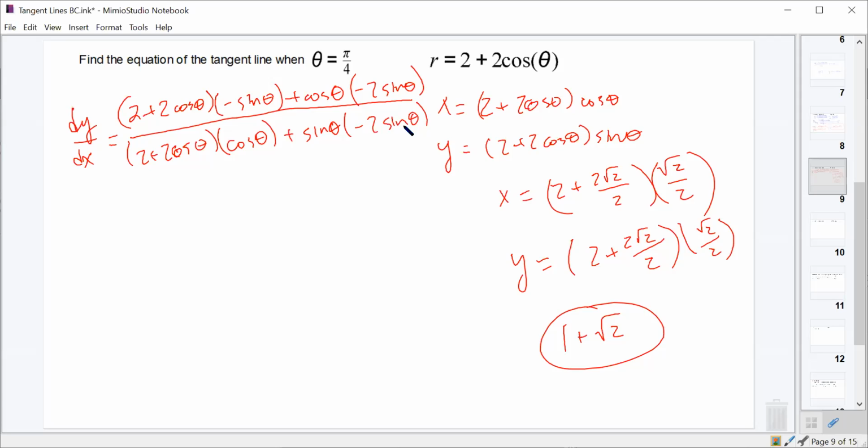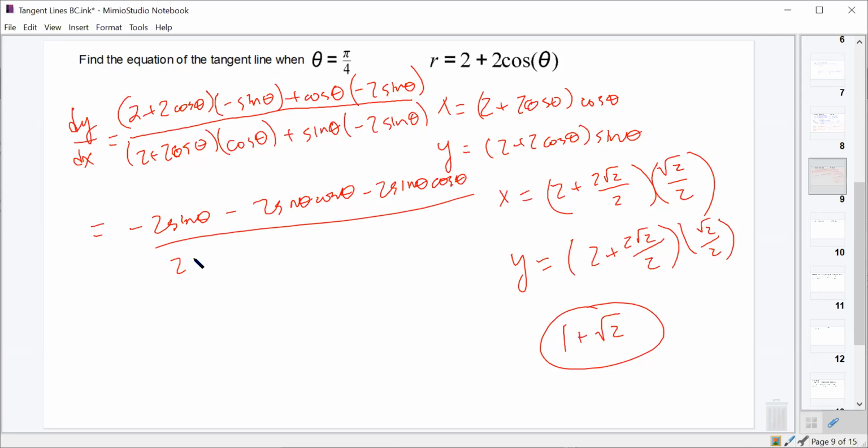We could just throw those in and evaluate it, but I think it's a little easier if we simplify this down. So negative 2 sine theta minus 2 sine theta cosine theta minus another 2 sine theta cosine theta.